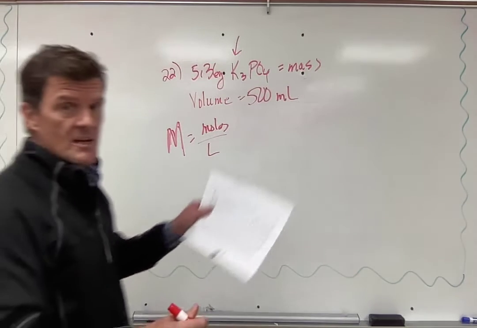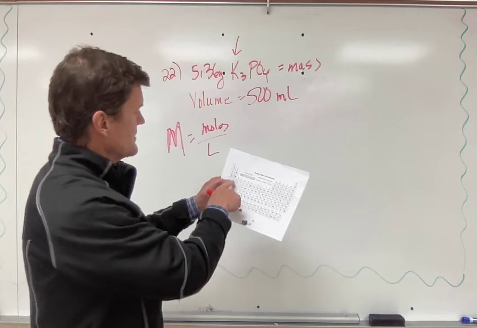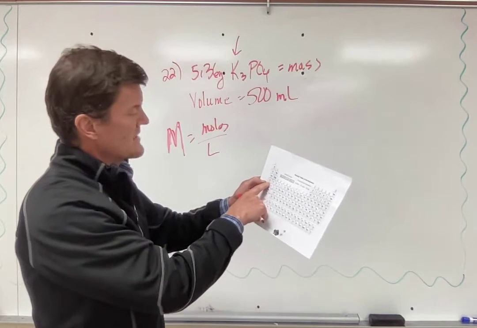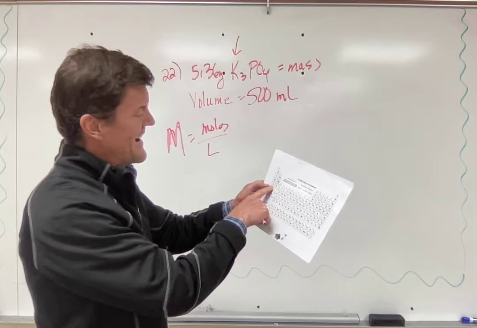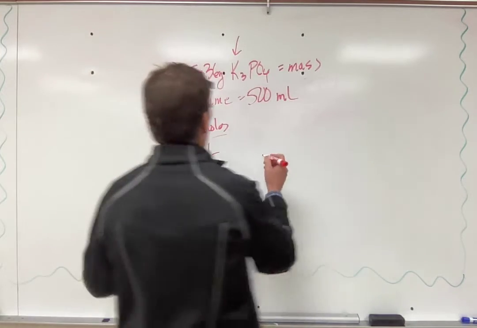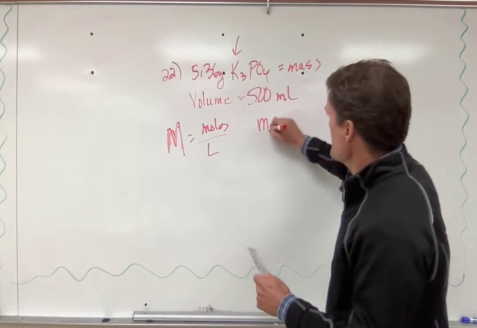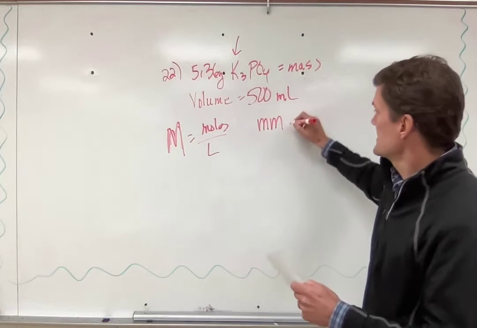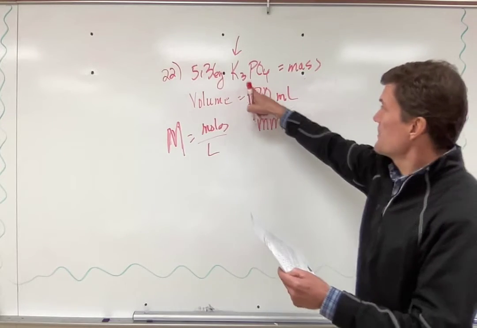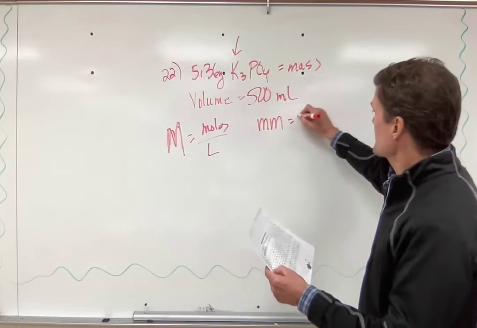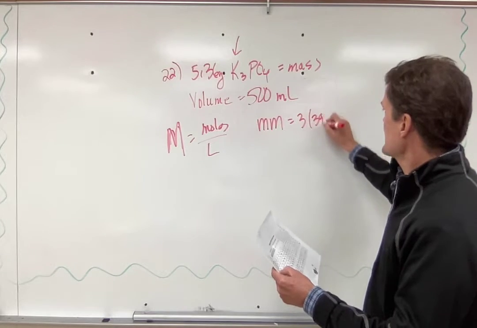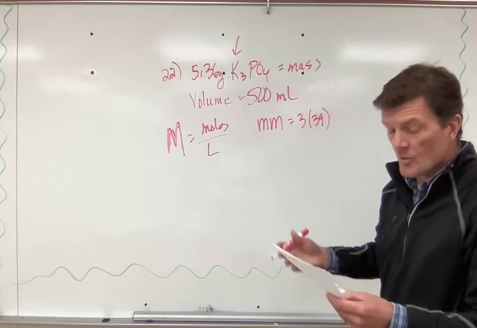So all I do is I look on my periodic table and I look for K. It has a molar mass right under the name of 39.1. I'm just going to use 39. So I'm going to find the molar mass, MM, molar mass, 39, but there's 3 of them. So 3 times 39, or 39.1.